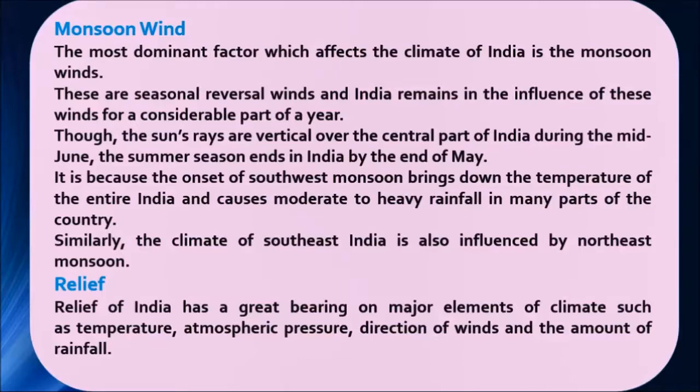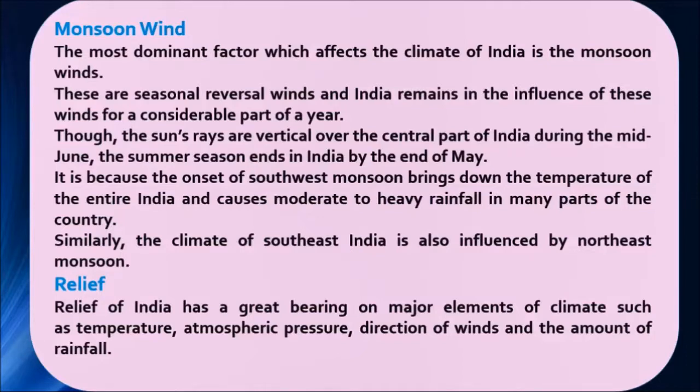And it is because the onset of the southwest monsoon brings down the temperature of the entire India and causes moderate to heavy rainfall in many parts of the country. For example, when we are facing this heavy summer, on the other hand the Kerala people will be facing rainfall.